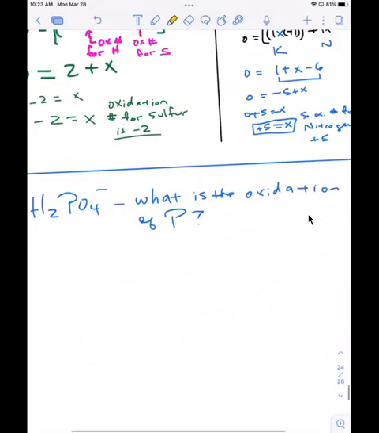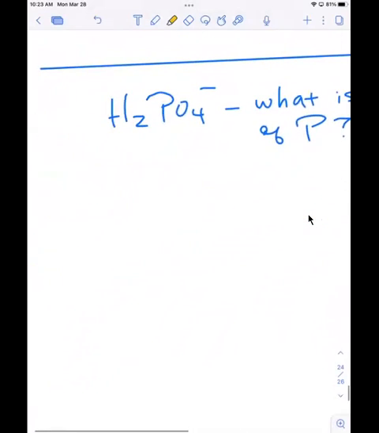All right. So we're going to break this down. We know that hydrogen, based on the rules, is +1, oxygen equals -2. We know that, and we can solve for P. Now you can take the PO4 and solve for it that way, but we're not going to do that. We're going to keep everything together and solve it all at once.